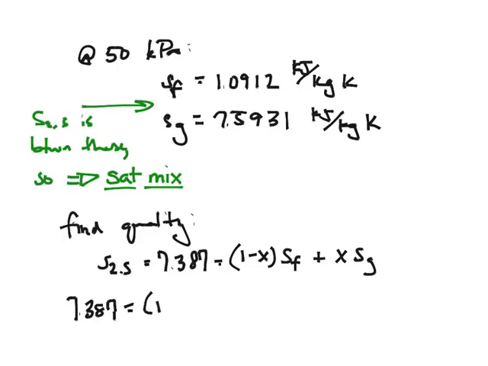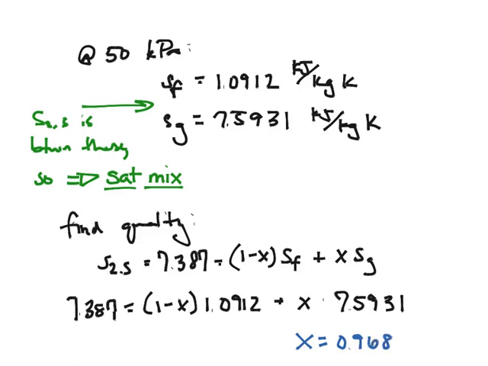So 1 minus X times SF, which is 1.0912 kilojoules per kilogram Kelvin, plus X times SG, 7.5931 kilojoules per kilogram Kelvin, and so what we find is that X equals 0.968.